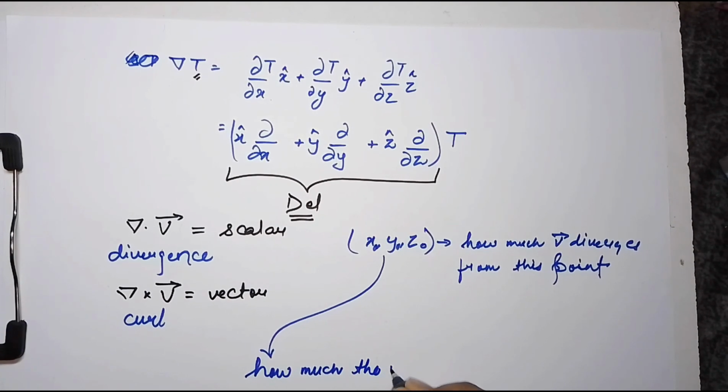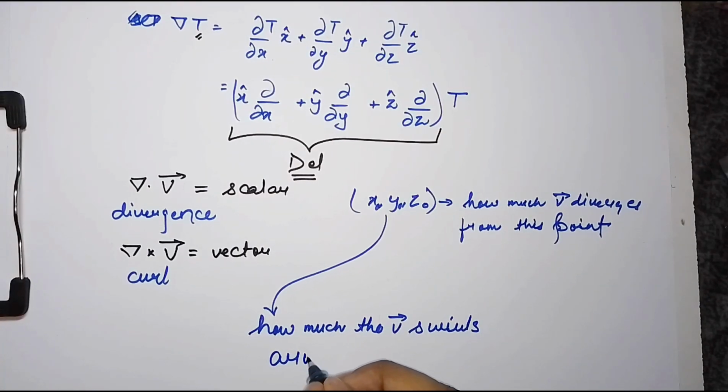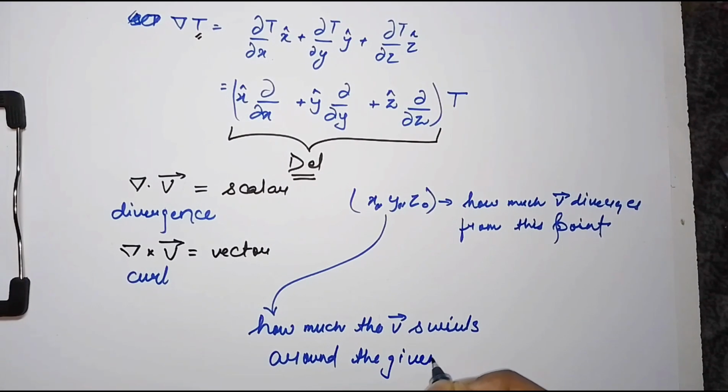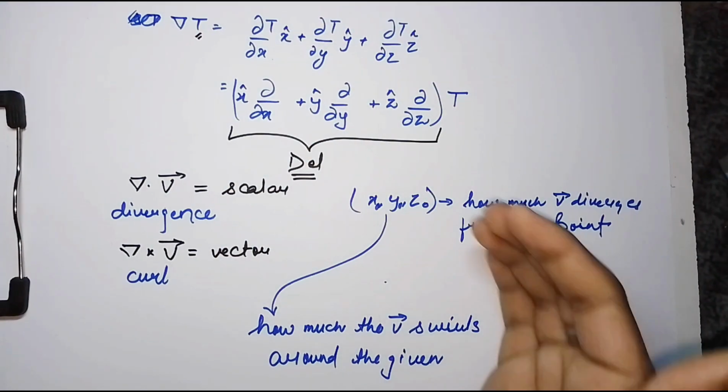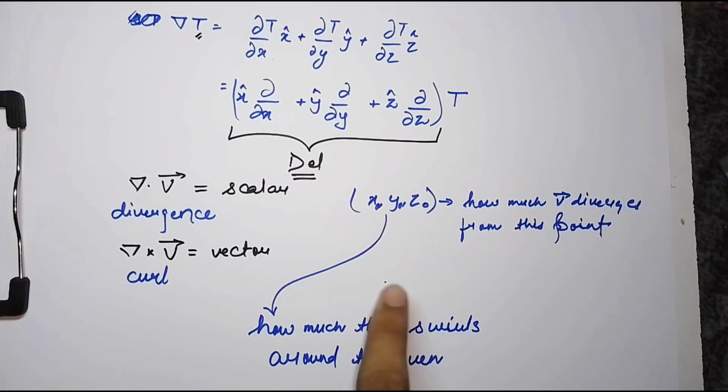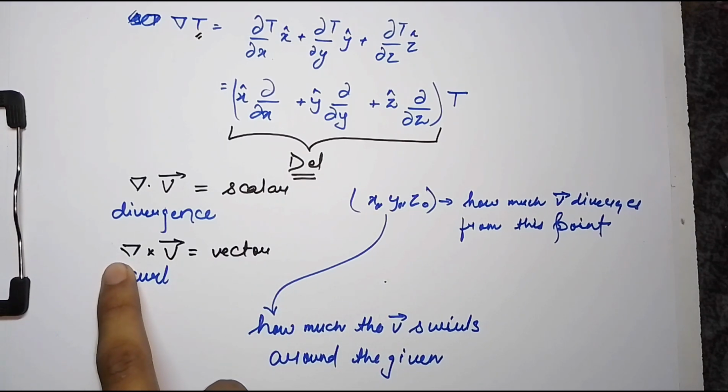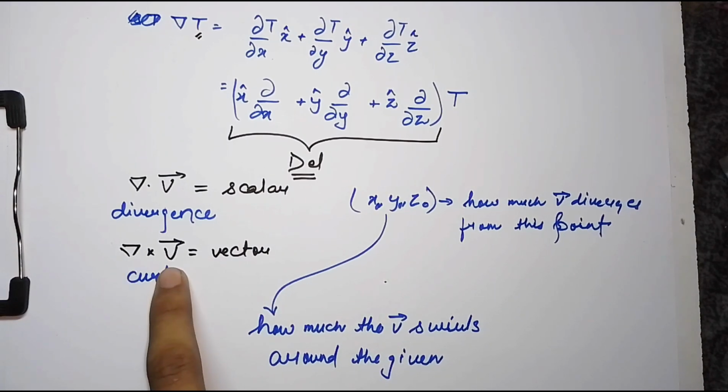How much the v vector swirls around the given point. What does swirl mean here? Suppose this is a particular point x naught, y naught and z naught. How much it is swirling around this particular point is what we would get when we take the del operator and its cross product with vector v. I hope it's clear till now.